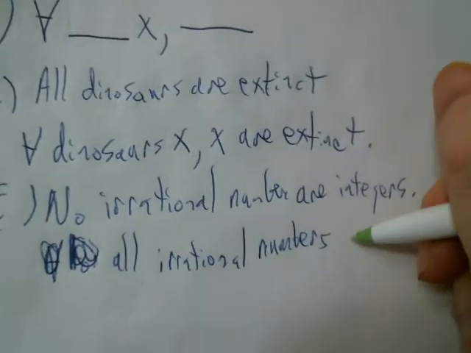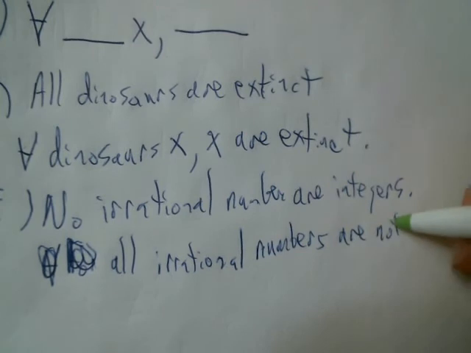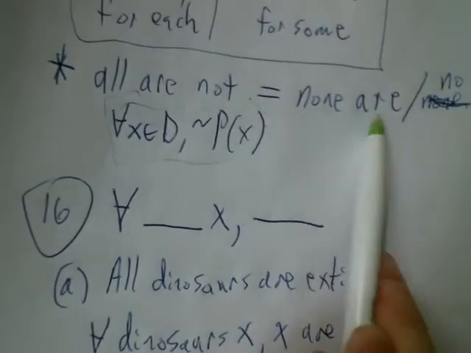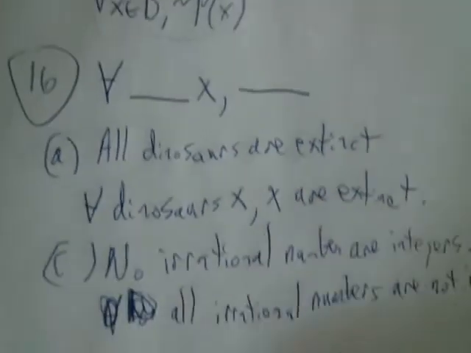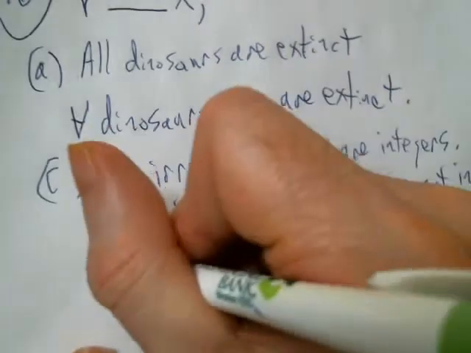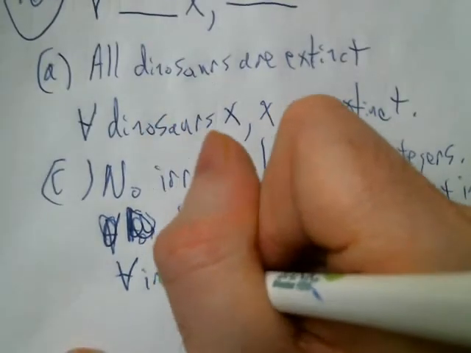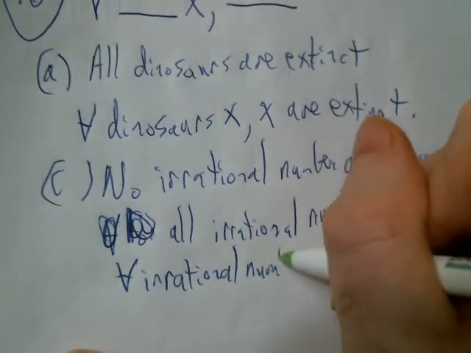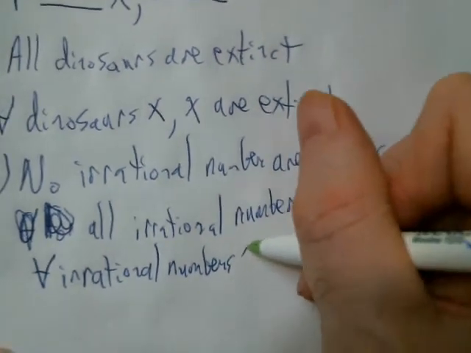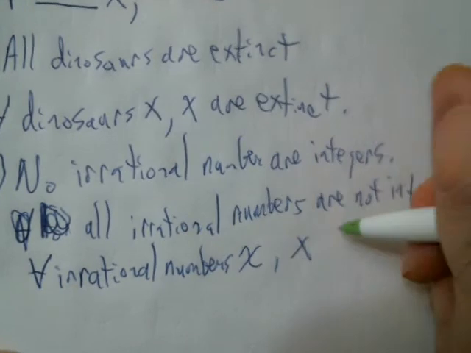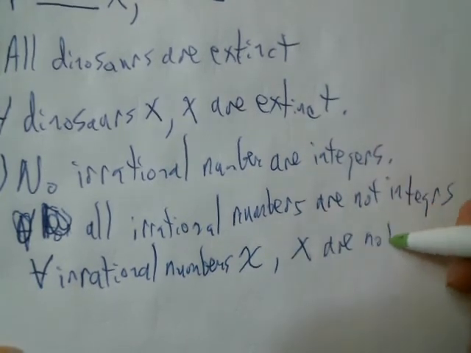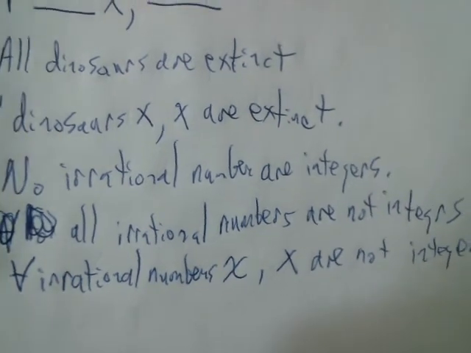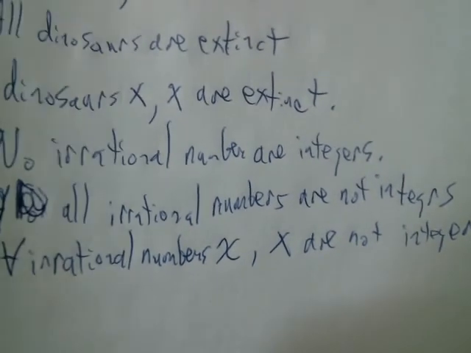Something like that. All irrational numbers are not integers. So I translate it from here to here, and then I'll put it into this form. Right? So for all irrational numbers x, x are not integers. Okay, that's kind of clear.